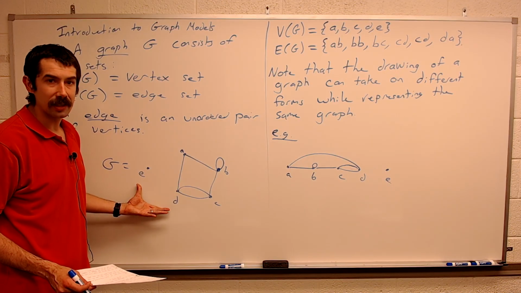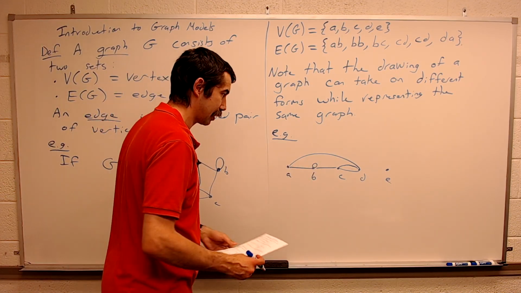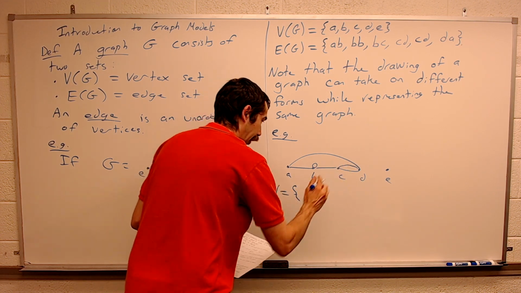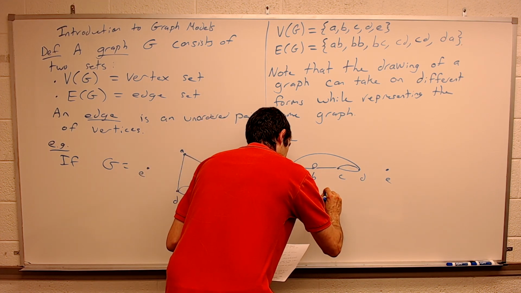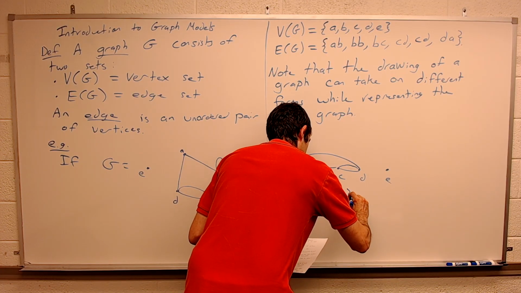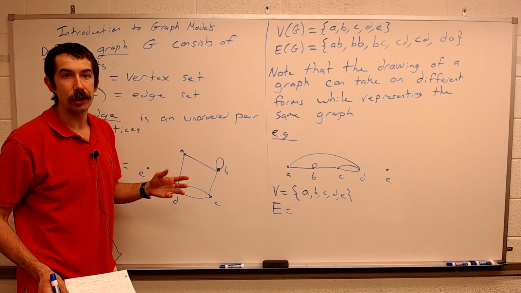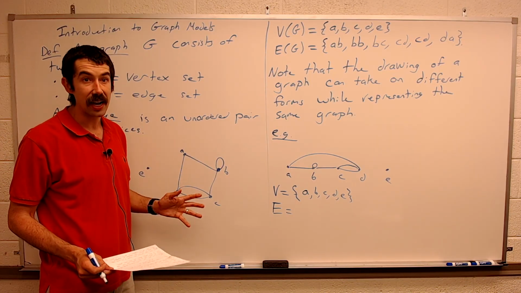How do we know this? It has the same vertex set, so V equals A through E. And we could check it actually has the same exact edge set.